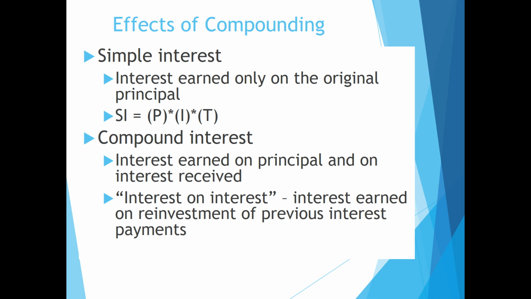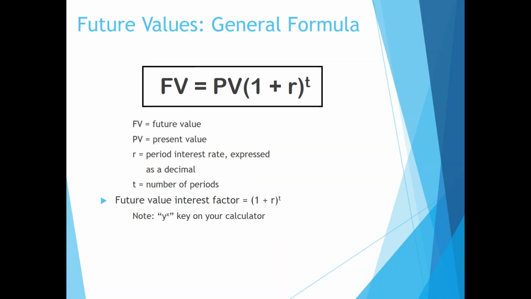If you have a credit card, you are also charged interest on the interest because you didn't pay your balance in full. So it can be very damaging in that type of situation. But for the remaining portion of this video, we are going to talk about earning interest on interest as a good thing for investing and saving.